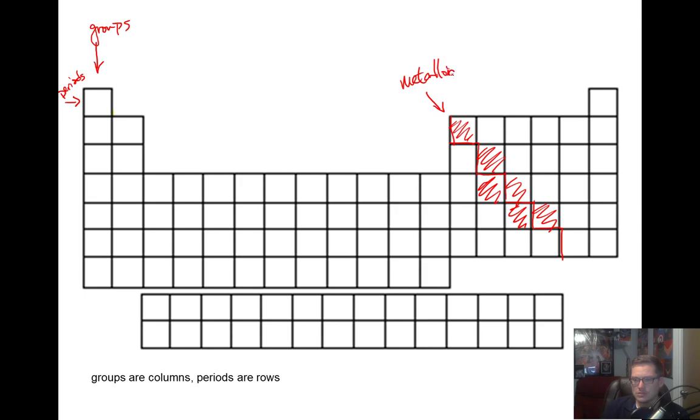To the right of that are the nonmetals, and then everything else are the metals. So you've got your metalloids, your nonmetals to the right, and your metals to the left of that. Everything else is a metal.